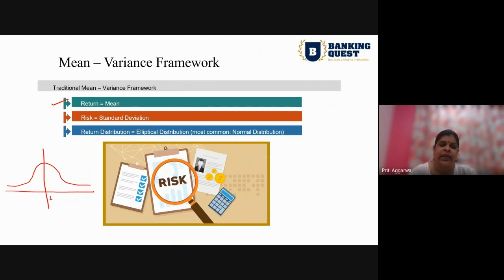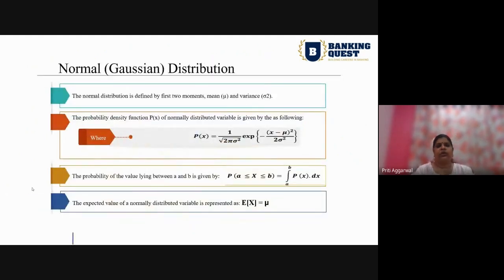It says that if there is a mu, that is your returns, my deviations can happen. The normal distribution is also called the Gaussian normal distribution. The normal distribution is defined by the first two moments, that is mean and variance. So this is what we have to always remember, friends.